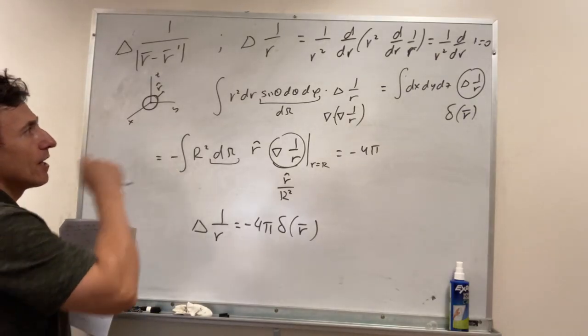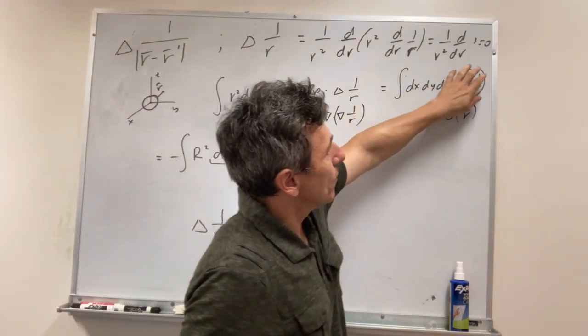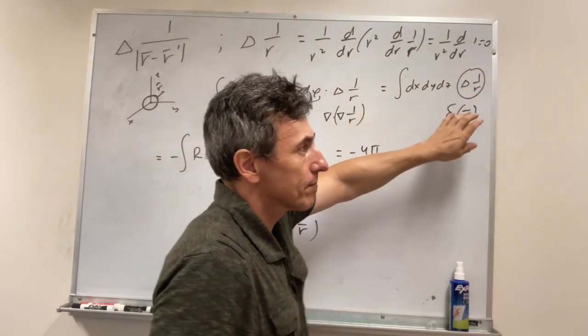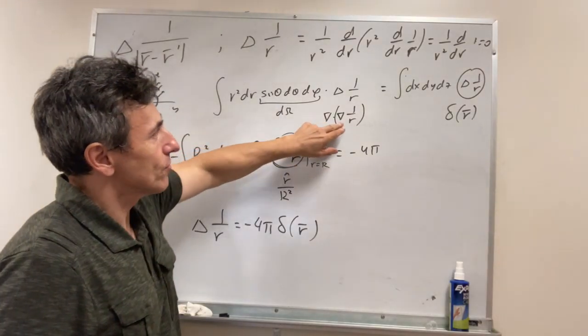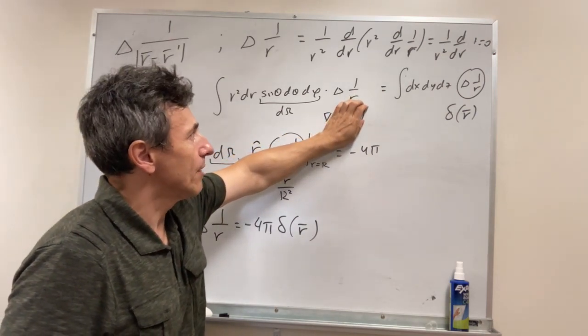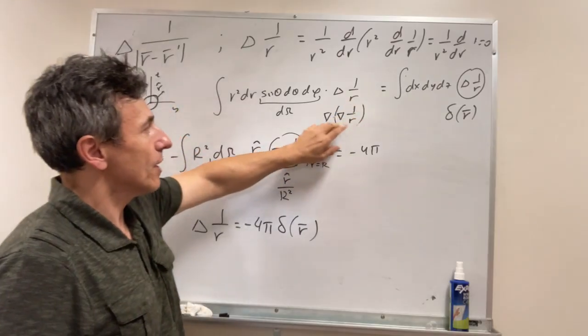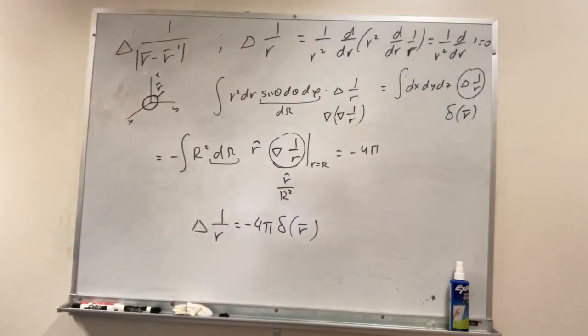So we use the Gauss theorem. We calculate the integral over volume of the Laplacian of 1 over r, and we rewrite this Laplacian as the divergence of the gradient of 1 over r. So then we can consider this a vector field and use the Gauss theorem. We write this integral as the flux of this vector field through the surface of this sphere.